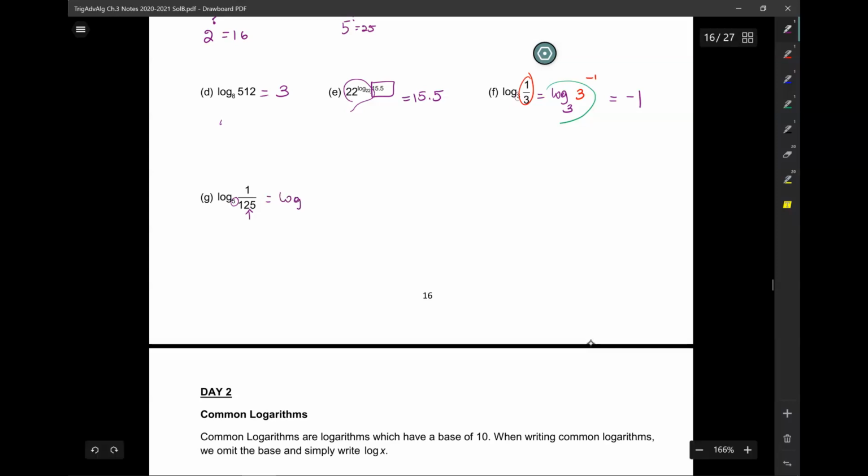So I have log base 5. What is this business with the 125? How can I write 125 as a power of 5? Well, isn't 125 5 to the power of 3? Right? So now let's rewrite that with a negative exponent. This is log base 5 of 5 to the -3. And how much is that? -3. So in the end, this is just minus 3.